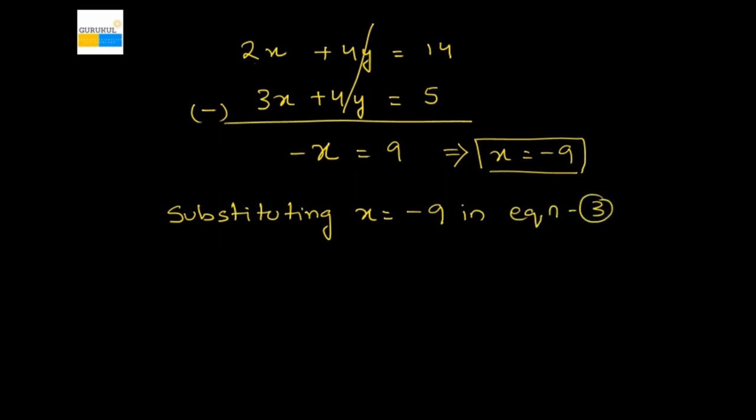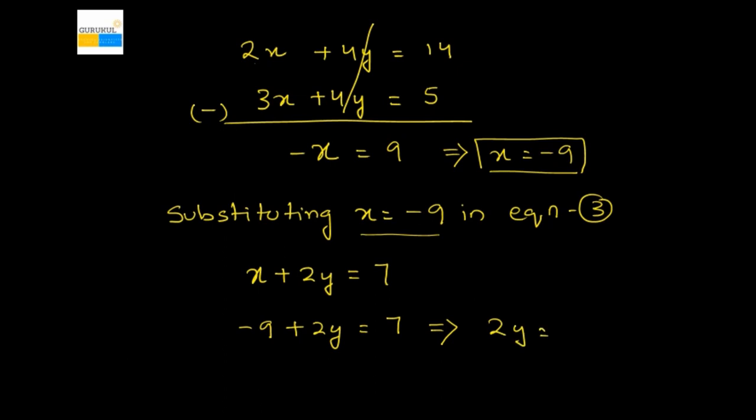So equation 3 was x plus 2y equals 7. If I substitute x equals minus 9, you get minus 9 plus 2y equals 7. This implies 2y equals 16 and you end up with y equals 8. So the values of x and y are minus 9 and 8.